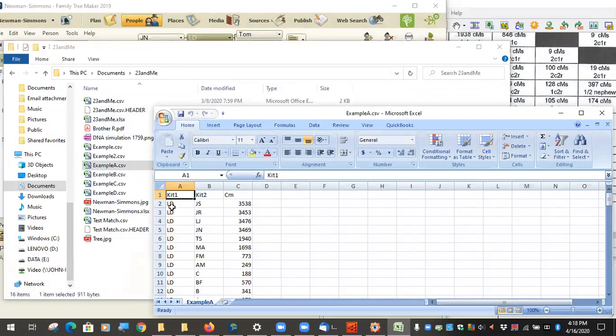It actually has to match the data in your match file. Now here's one I just did. So kit 1, kit 2, so LD matches JS at this many cM values.